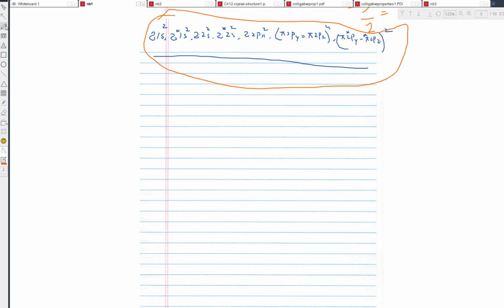For a molecule, you need at least two atoms. Okay, I didn't realize I didn't write S2 negative. That's no problem.